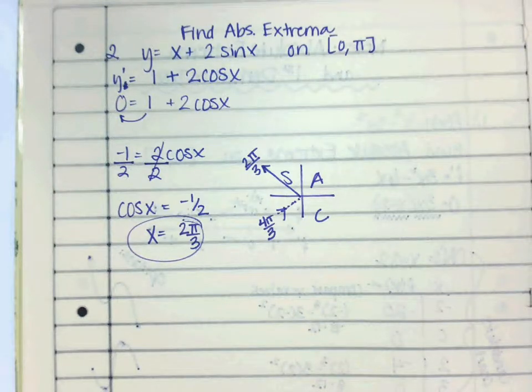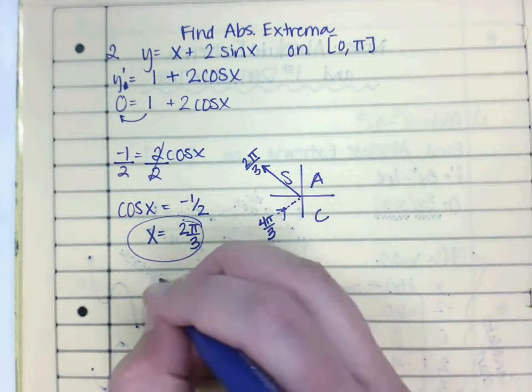Now, question. If I'm going to end up putting these guys into a table, does it really matter if they were relative min or relative max? They're going in the table either way. So a sign chart is unnecessary unless you have to find relatives and absolutes. I don't have to find relatives. Didn't ask me to, so I'm just going to go straight to my chart. So the candidates chart goes here.